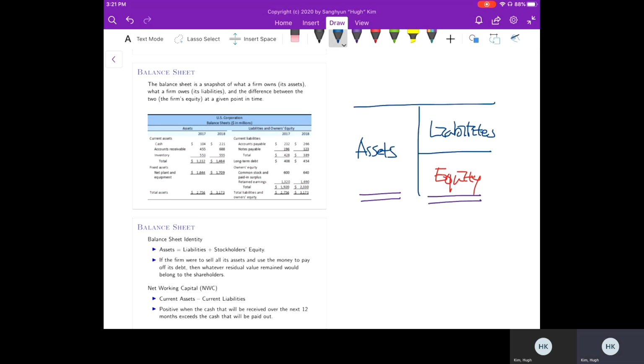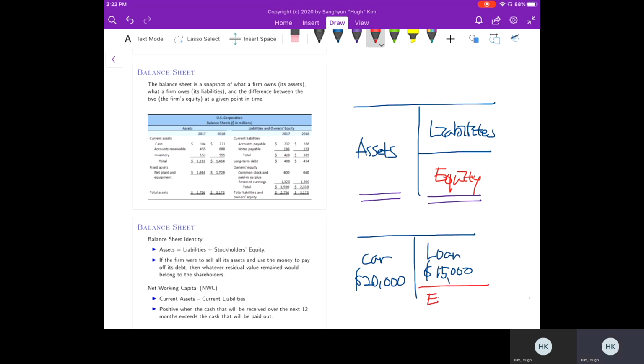So for instance, let's say you own a car which is worth $20,000. And when you purchase the car, you took out a loan. The remaining balance is, let's say, $15,000.